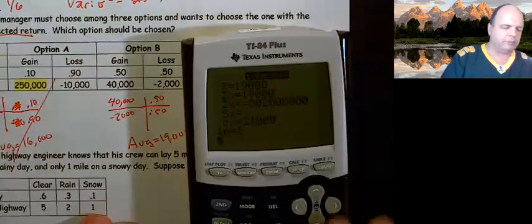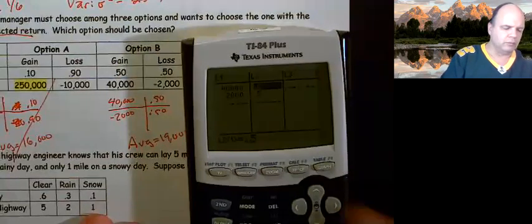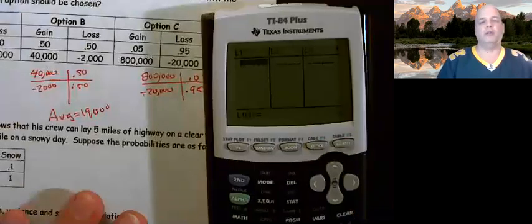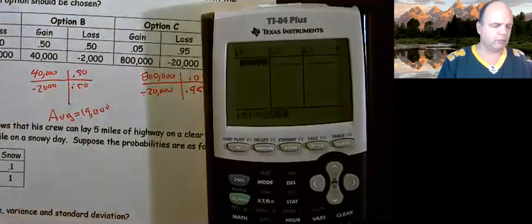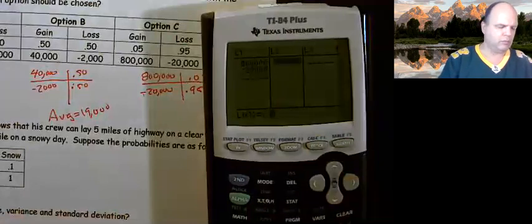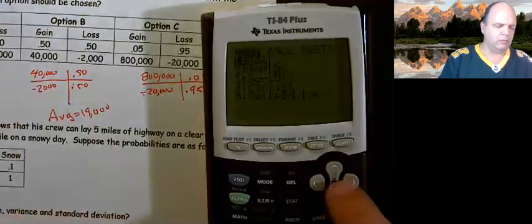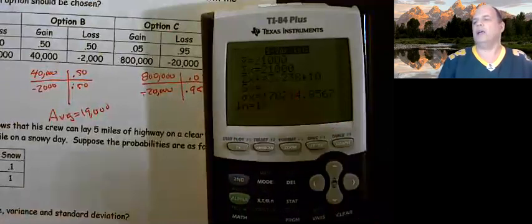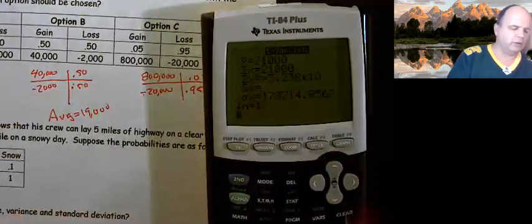And then we go to C. And boy, you can win big here, or you can lose. You can win big or you can lose. So here's what happened. And we find out that we end up with an X bar of 21,000.